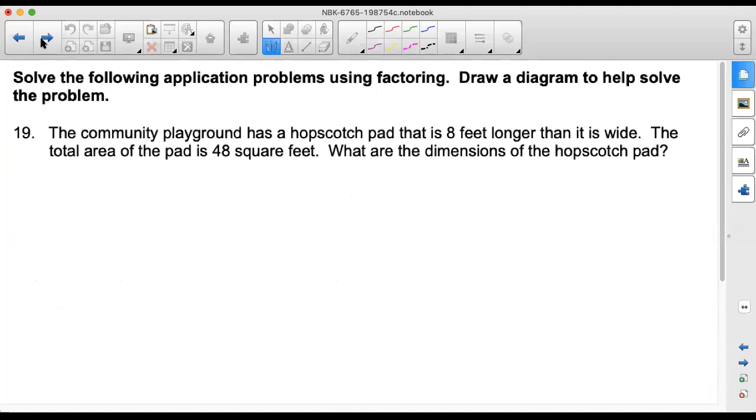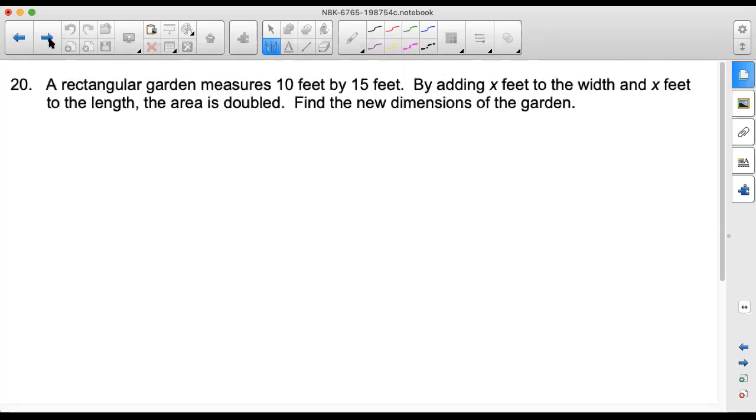So I'll give you a second to pull that review worksheet up and we're going to look at an application problem together. We're going to look at number 20.